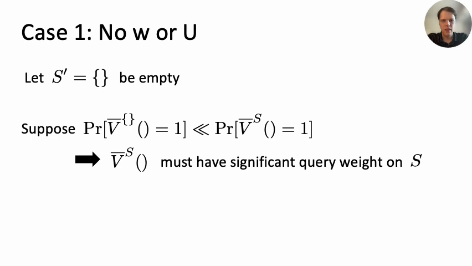And the idea is that, let's suppose toward contradiction that the verifier on the empty set S prime actually had a significantly smaller acceptance probability than when given S. What this means by standard quantum query complexity techniques is that V bar to the S must actually place significant query weight on S. In other words, a significant fraction of the weight that V is querying to S must actually be in the set S.